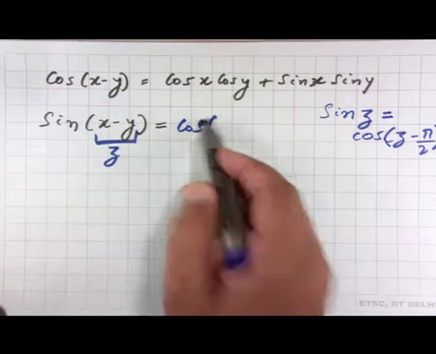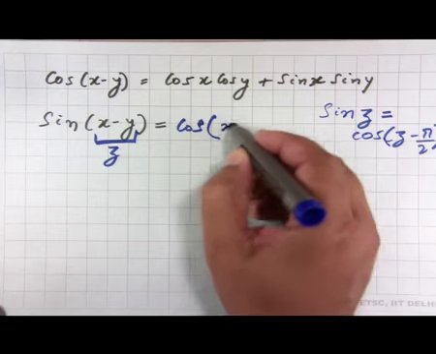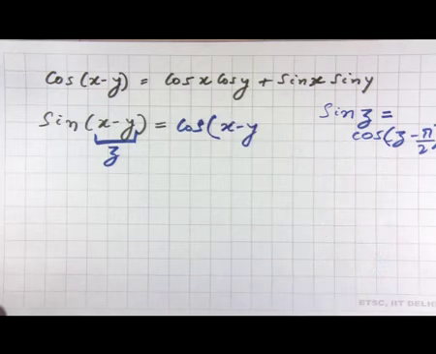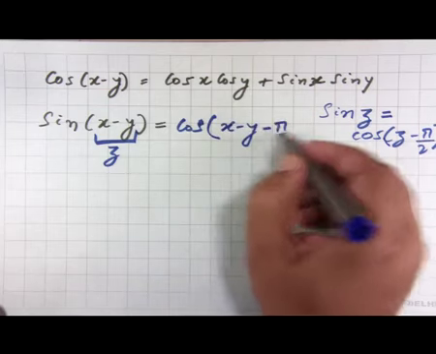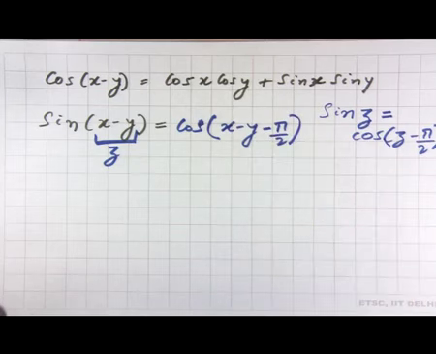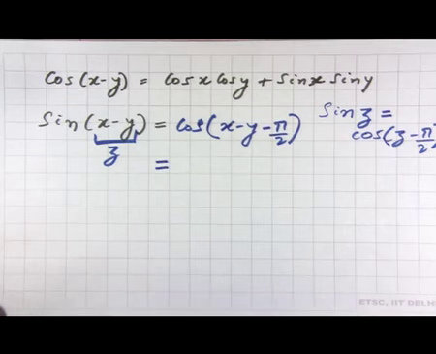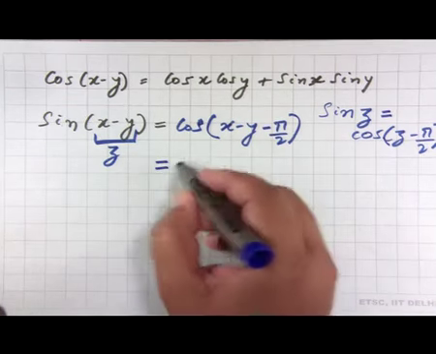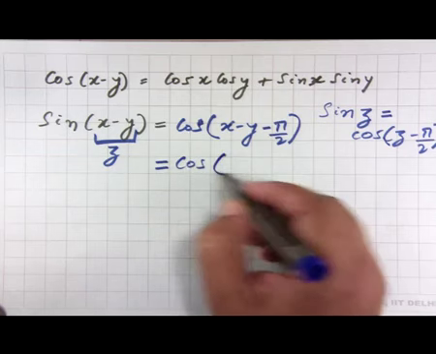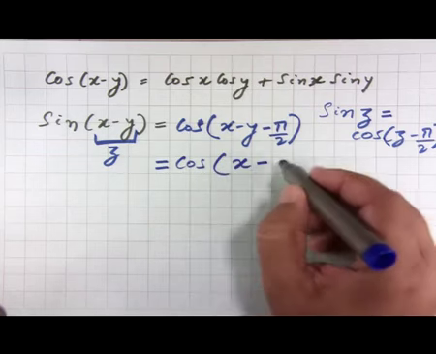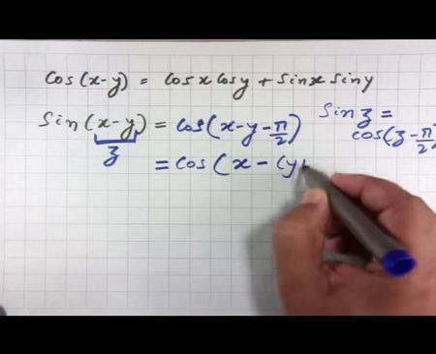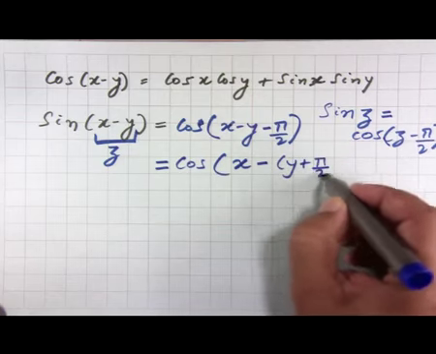So, this is cosine of z minus pi by 2, which I can write as cosine of x minus y plus pi by 2.